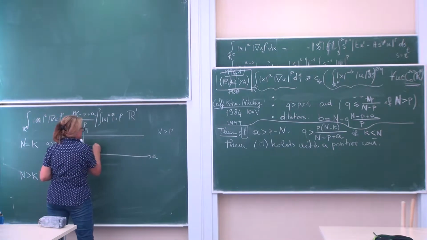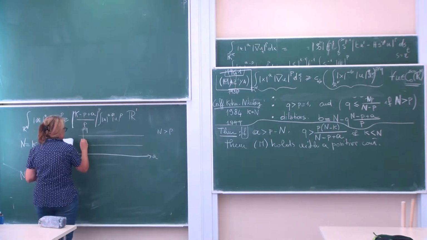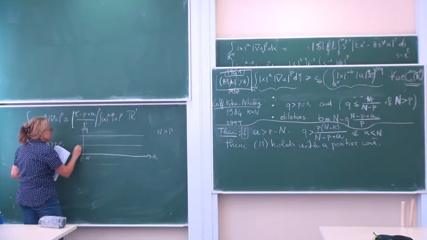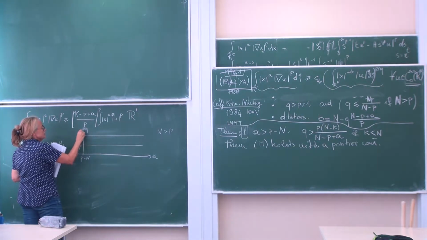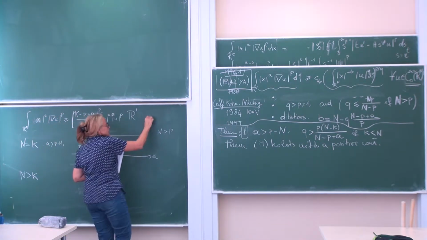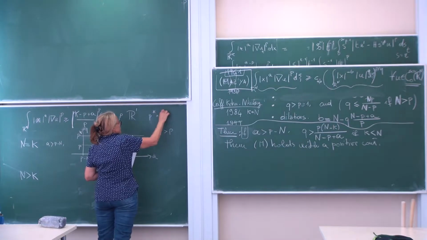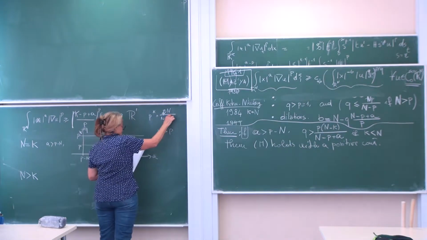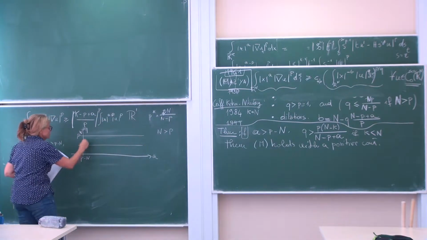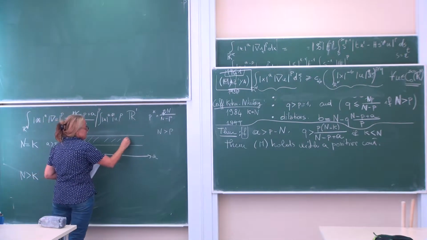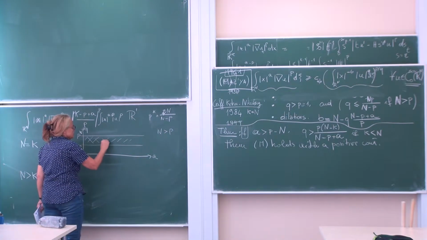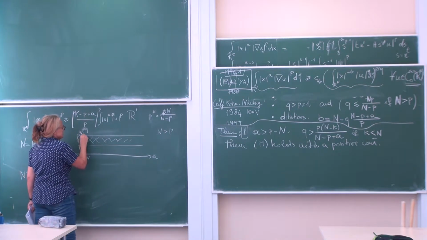So this is A, and these are the admissible Q I can get. So A must start from P minus N. This is P, this is P star, the critical Sobolev exponent. And I can take Q in this rectangle.